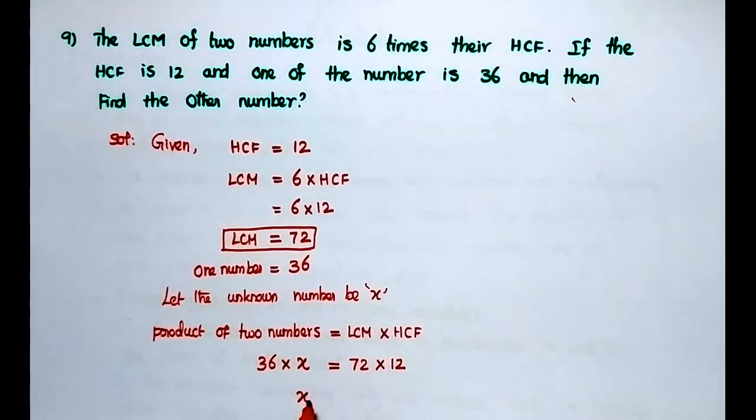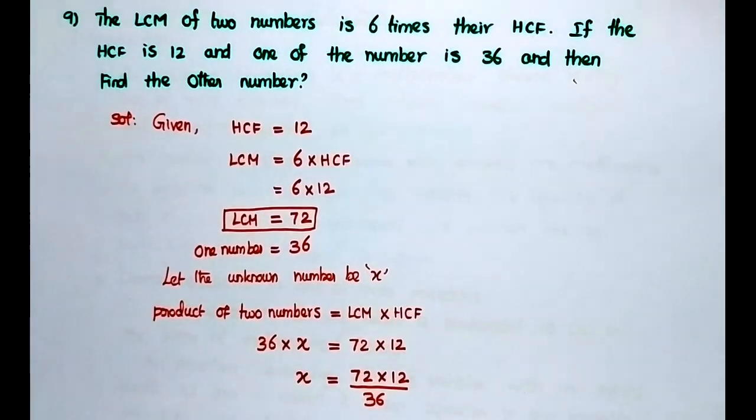Now x equal to 72 into 12. Here 36 is in multiplication. Bring this side means division. Now the cancellation. 12 1 is 12. How many times? 3 times. 3 12s are 36.